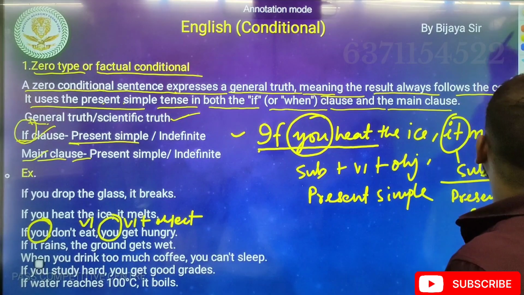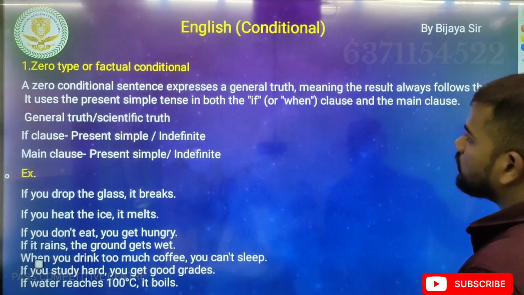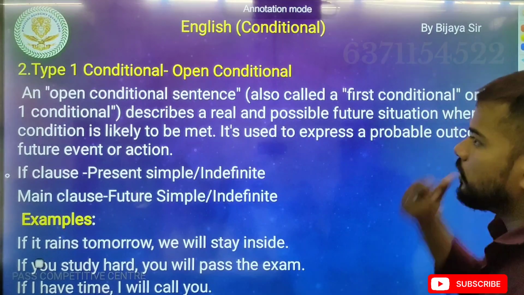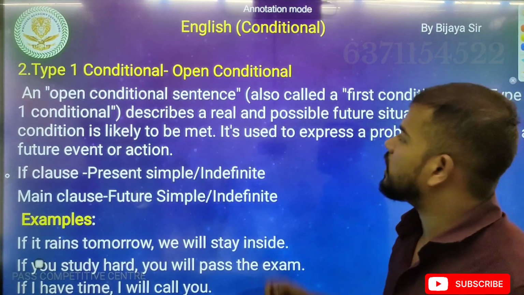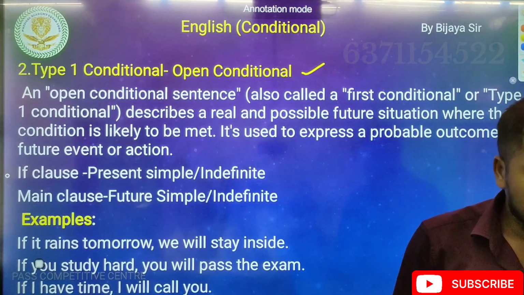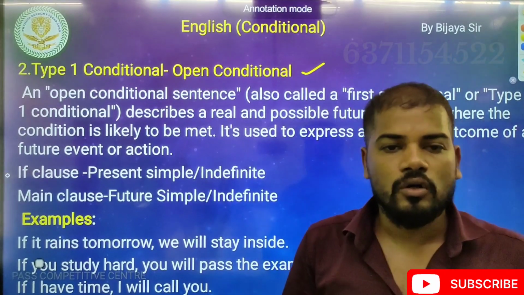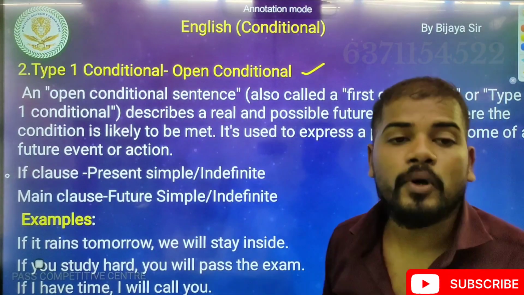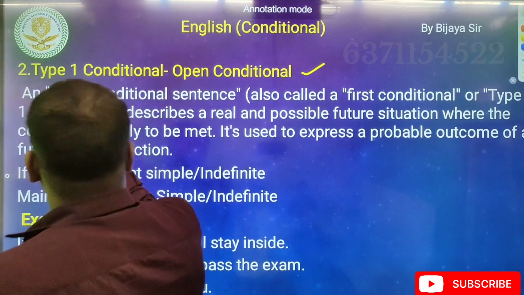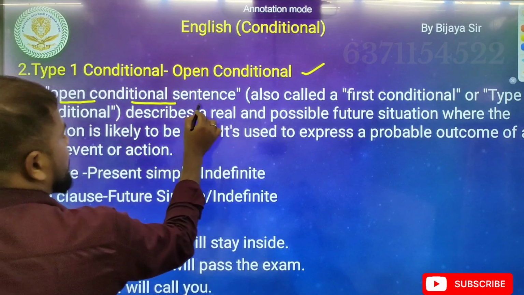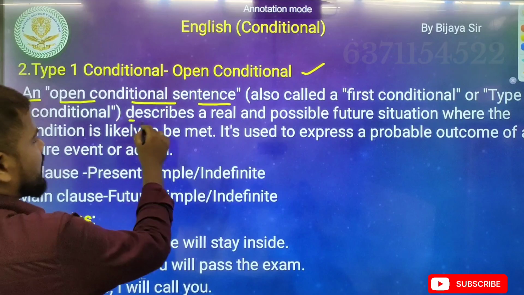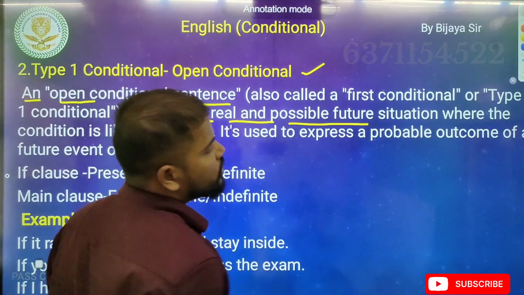Next we will read the next type of conditional, that is type 1 conditional, which is also known by another name, that is open conditional, where the condition is open. An open conditional sentence, also called first conditional or type 1 conditional, describes a real and possible future situation.